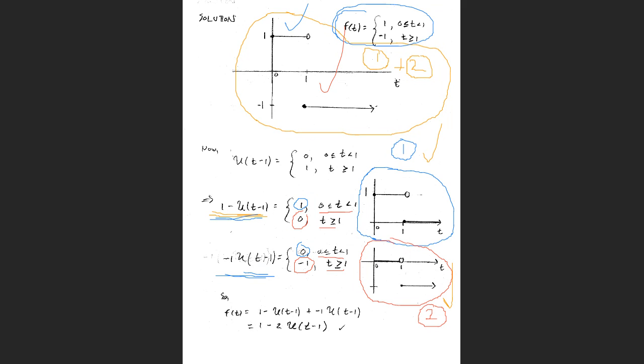So now we have 1 minus the unit step function plus -1 times the unit step function. And so the final answer, our f of t function, is going to be 1 minus 2 times the unit step function at t minus 1.